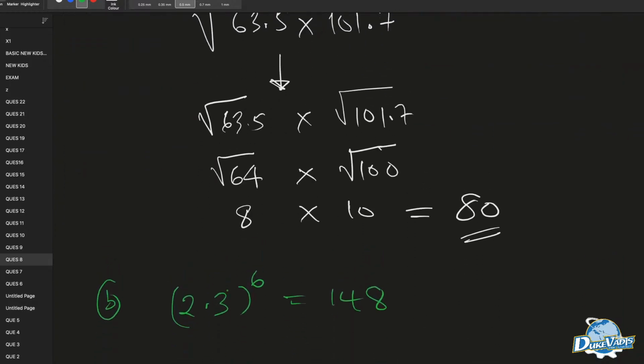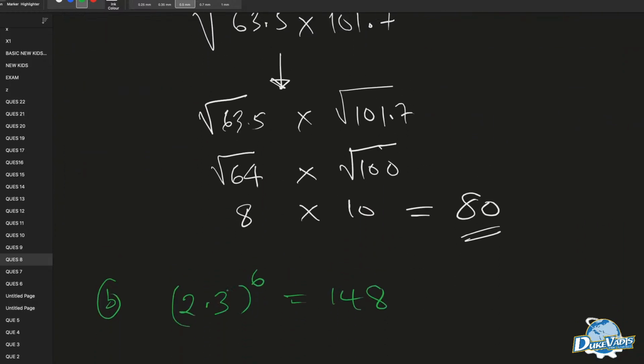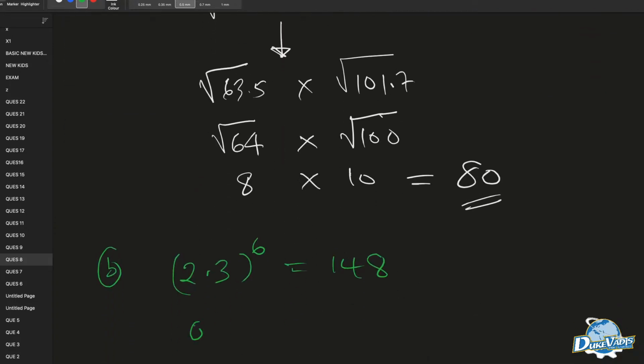So that's what we want: 0.23 correct to 3 significant figures.